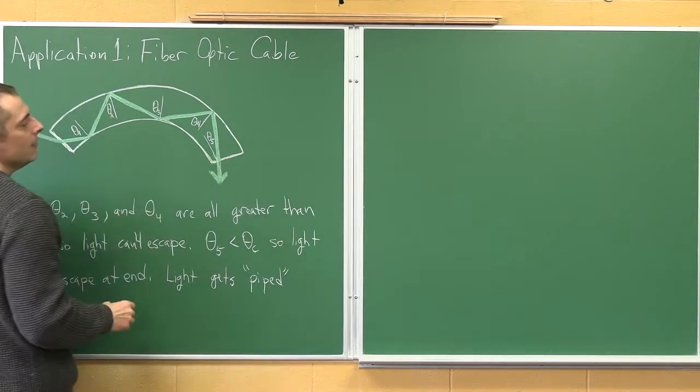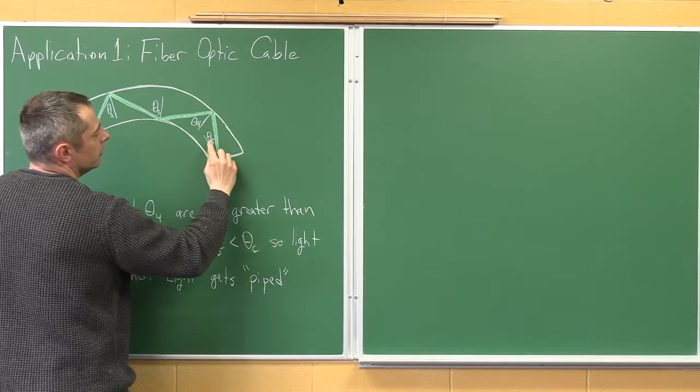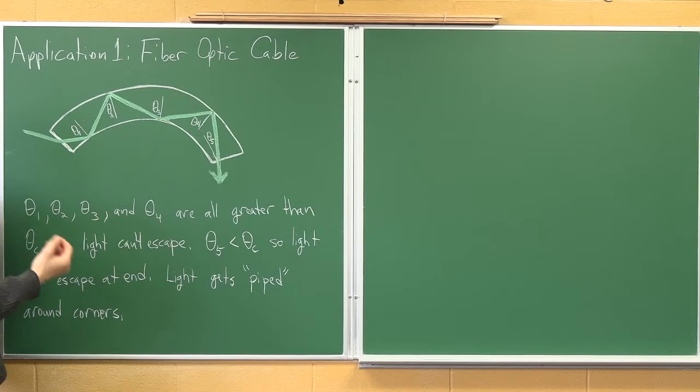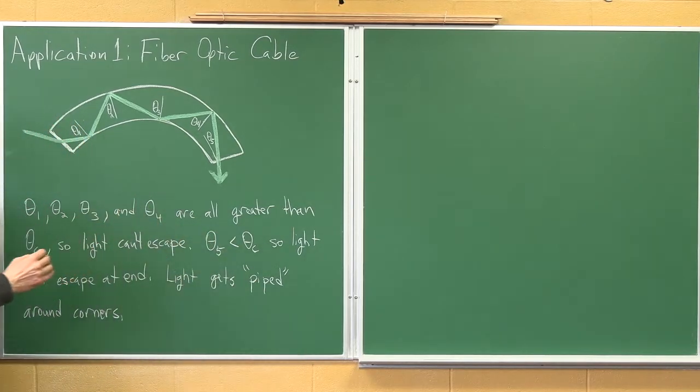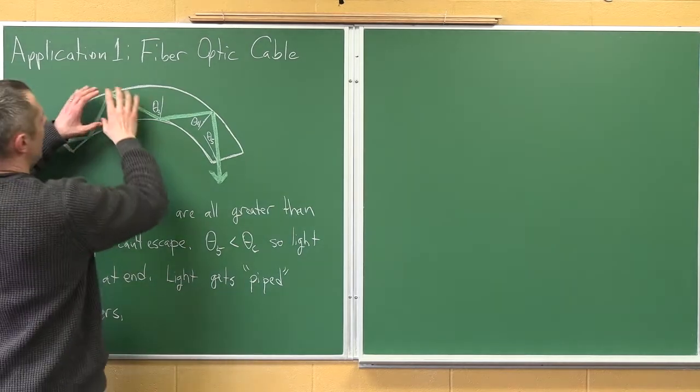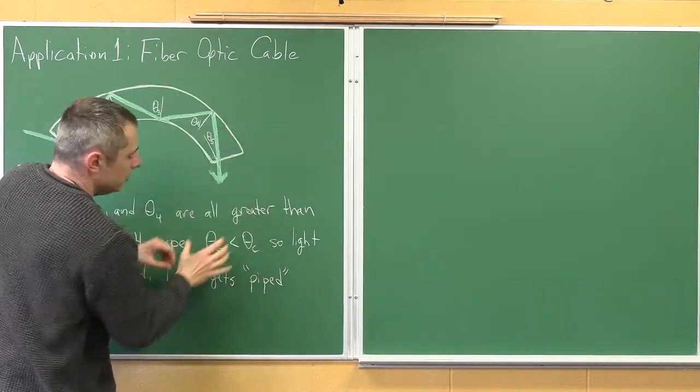However, at the end, notice this is coming in almost perpendicular to the surface. In other words, the angle of incidence is pretty close to zero. It's small. The point is that theta 5 is less than the critical angle, so the light can escape at the end. So the light comes in here, ricochets around, gets piped around and comes out the end.